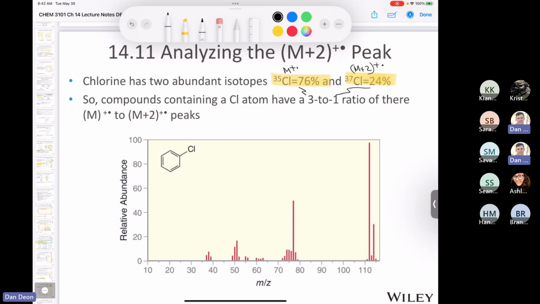If we look at this molecule here, this is called chlorobenzene. It's got a formula which is C6H5Cl. Could anybody calculate the mass of this compound? I'll give you a second to bust the calculator out.